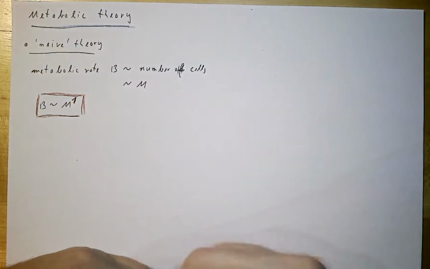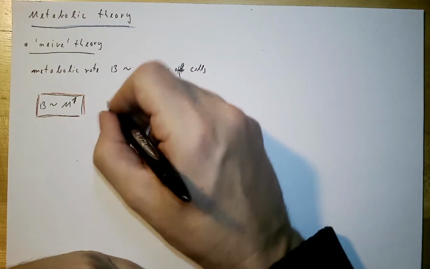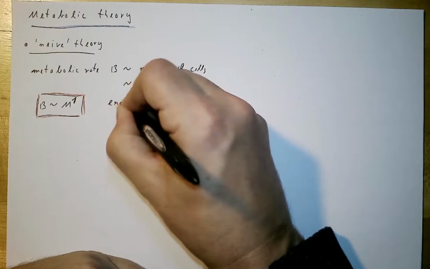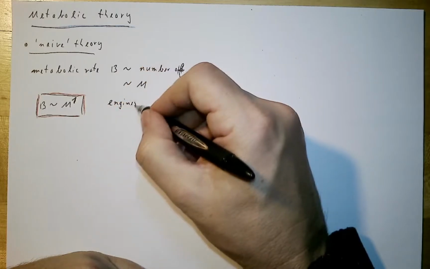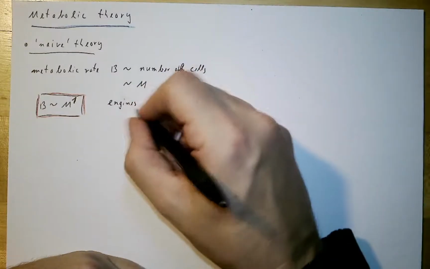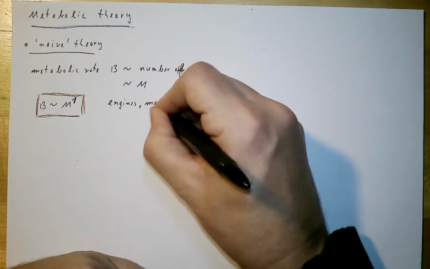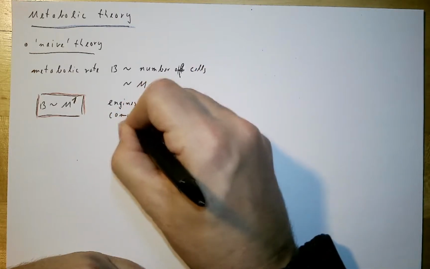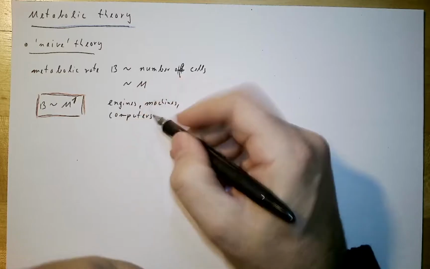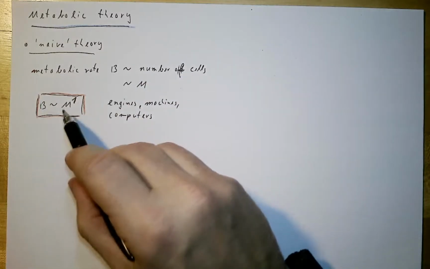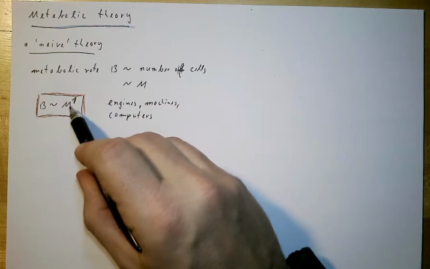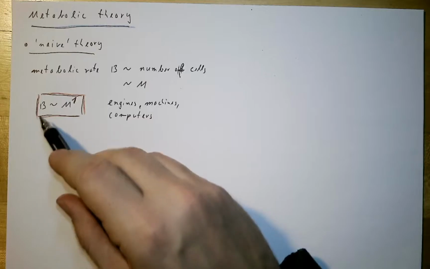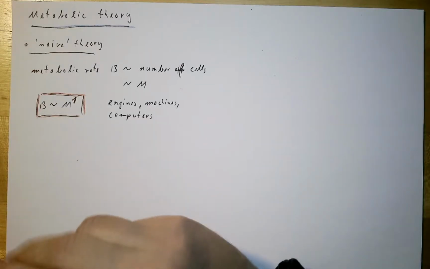And you would have this, for example, in machines, engines. The more cylinders your car has, the more power it has. Here in engines, machines, computers. But of course this scaling is also there, not so perfect. It doesn't mean that if you have more transistors that your computer is more efficient. That depends, for example, if you have an algorithm which can use all the transistors.